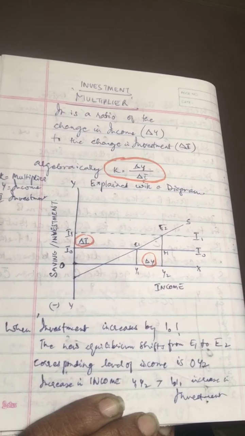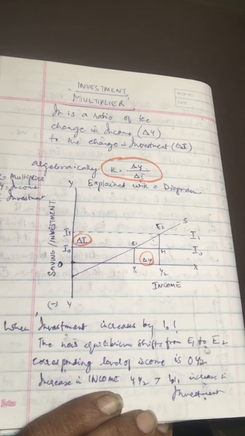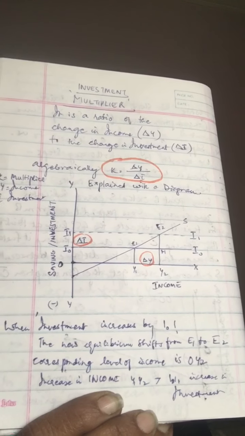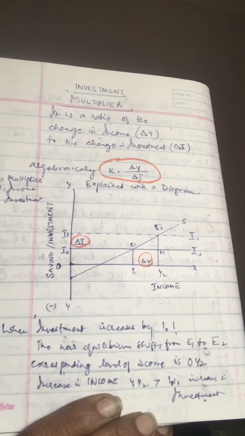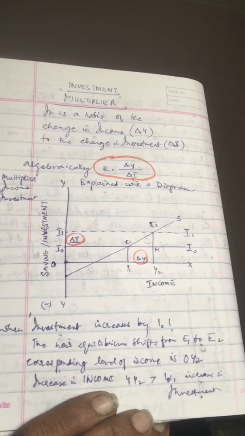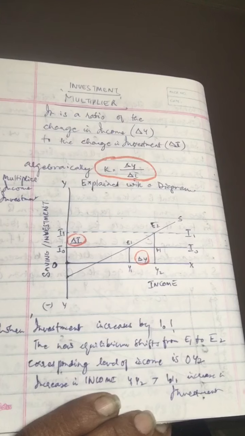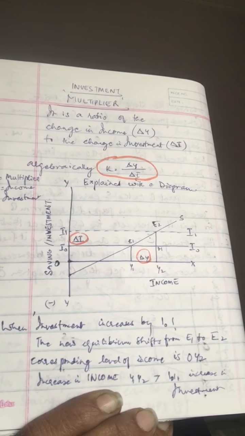Now let's assume that the investment has risen by E0 E1, so that the new investment curve is represented by I1. The equilibrium will shift from point E1 to E2, and the corresponding equilibrium level of income will be OY2. So here we see the working of the multiplier.